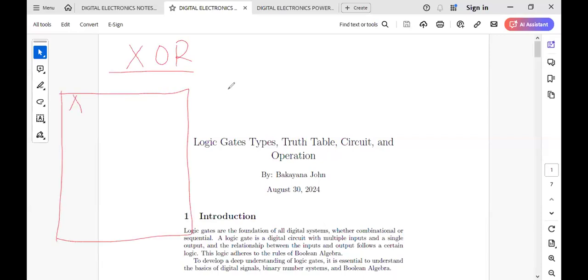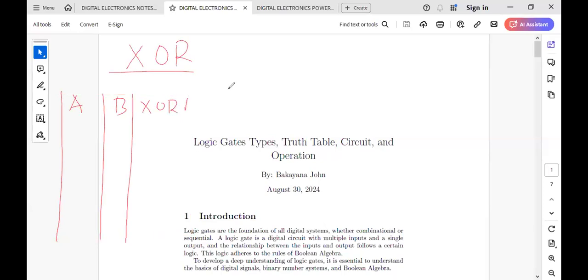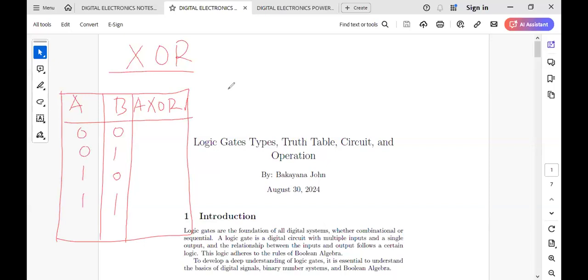If this is A, B, and then we have A exclusive OR B. It is 0, 0, 1, 1, 0, 1, 0, 1.